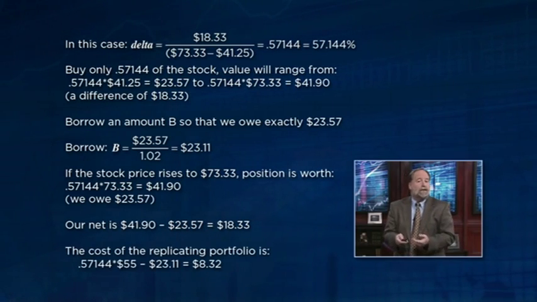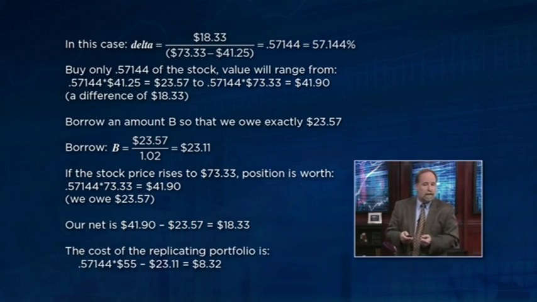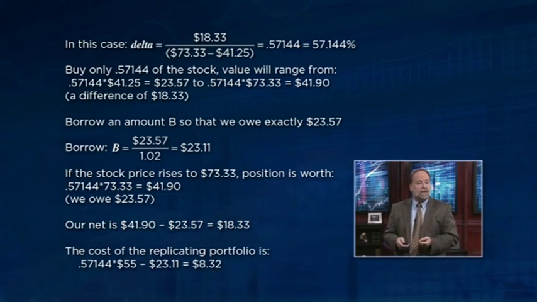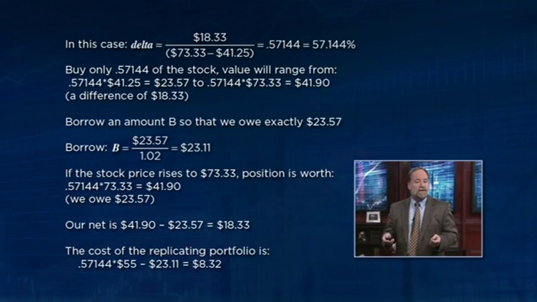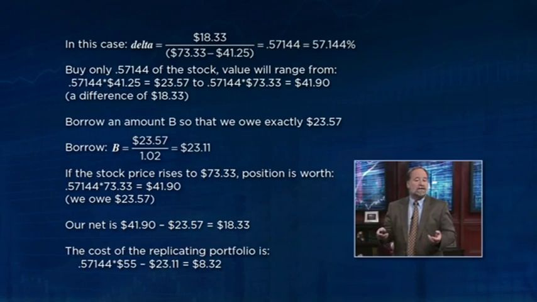And we borrowed a B of 23.11, so that was a negative number for B, $23.11. So we take 57% of 55 and then subtract off $23.11. What do we get? We get $8.32. This is the price of the option. This is what the option price should be, according to a no arbitrage strategy, or a strategy in which the replicating portfolio and the value of the option, which generate the same payoffs, have exactly the same value.